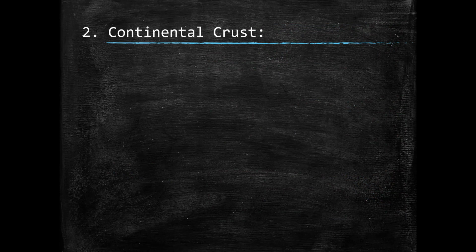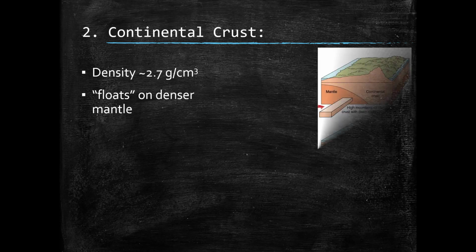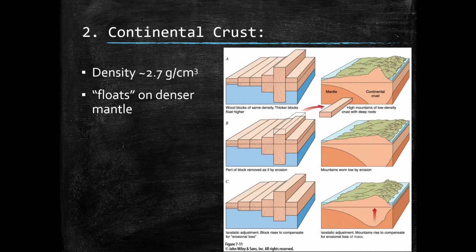Next, we're going to talk about continental crust, which has a density of only 2.5 grams per cubic centimeter. Because it is lower density, continental crust floats on the denser mantle. This is a diagram similar to what we talked about last lecture with the Moho discontinuity. Here we have continental crust, which is thicker underneath mountains than it is along coastlines.